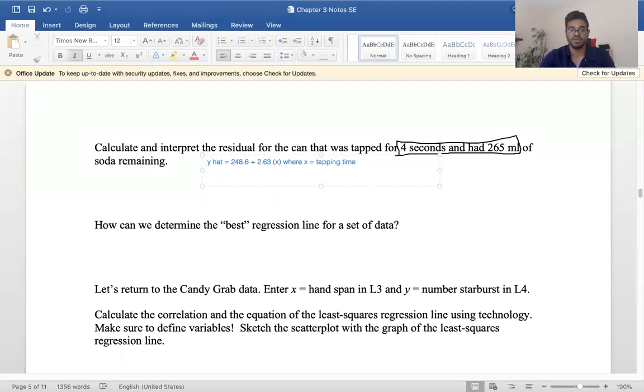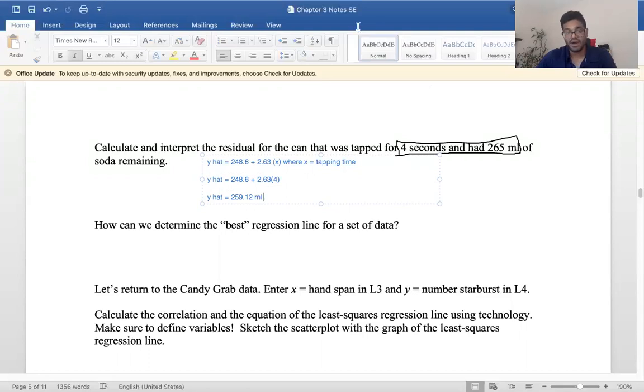So my predicted value, y hat, equals 248.6 plus 2.63 times 4. And so your y hat is equal to 259.12. So based on our line, we predict that when you tap the can for 4 seconds, you're going to get 259.12 milliliters of soda remaining.